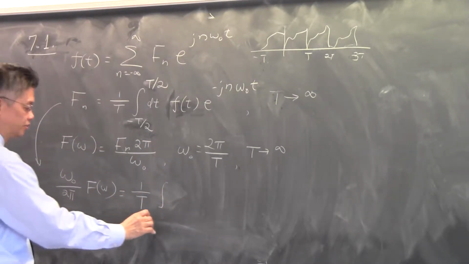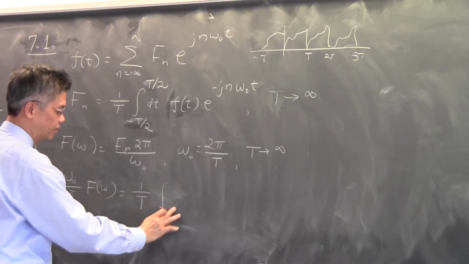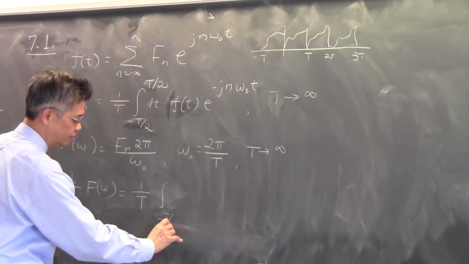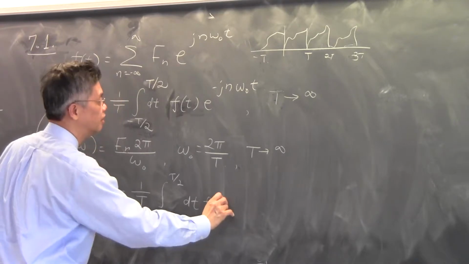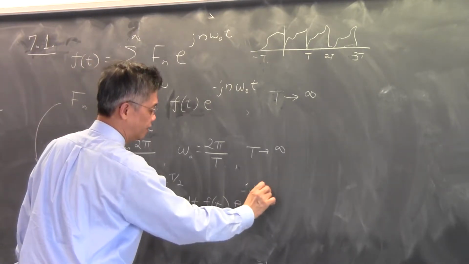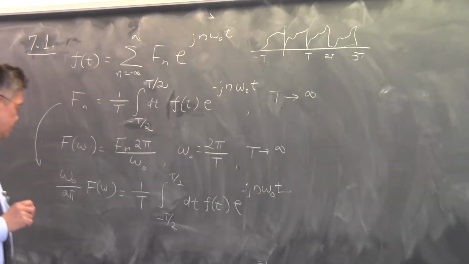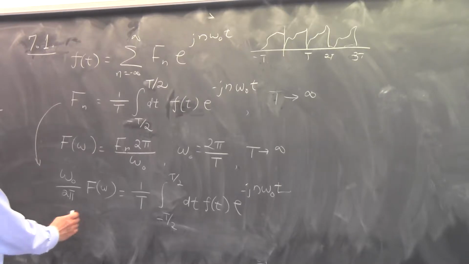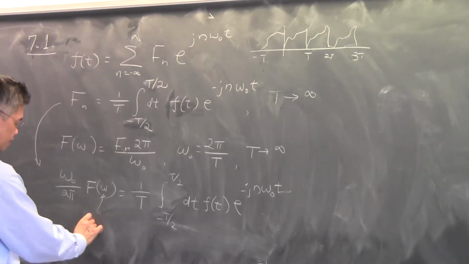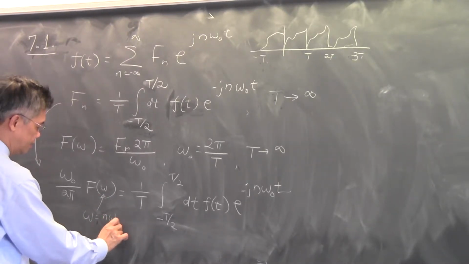And if you let T go to infinity, this is going to be very, very large. Maybe I won't write T going to infinity first. The integral dt f(t) e to the minus j n omega naught t. Okay? Where you can let omega in here be n omega naught.